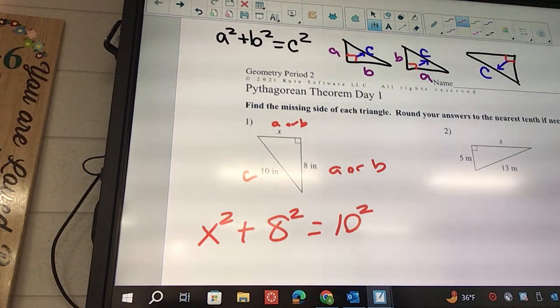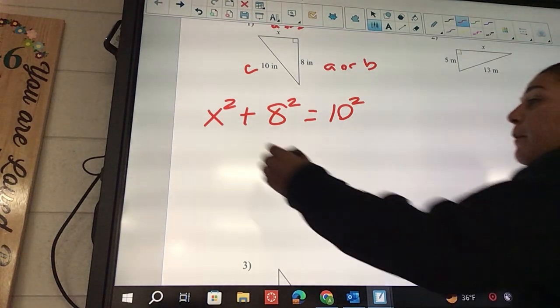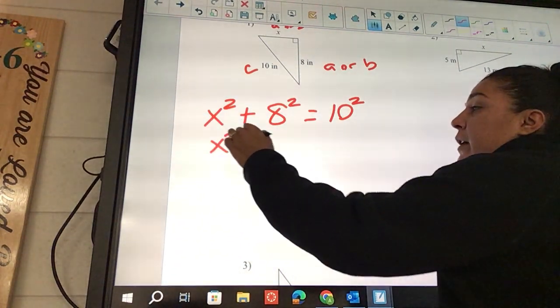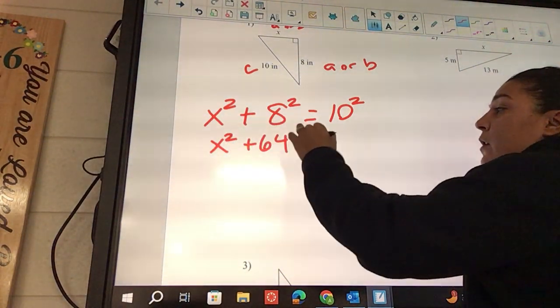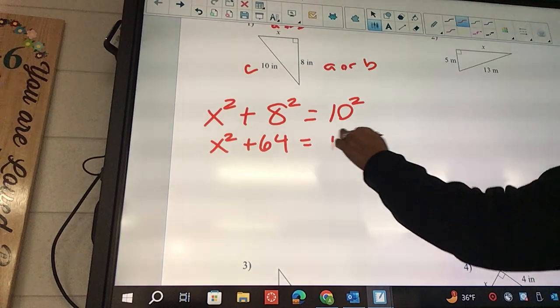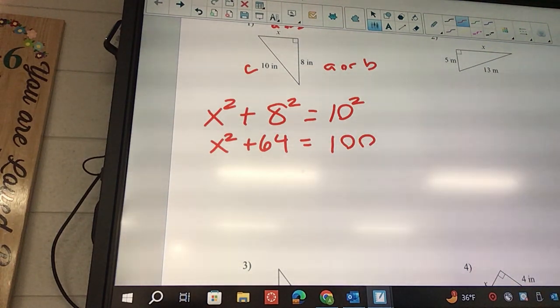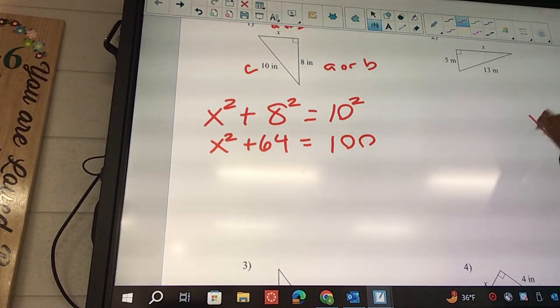Okay, and then we just start running through these. What is 8 squared? 64. So I'm going to get x squared plus 64 equals, what is 10 squared? 100. Now, if you don't know, on your calculator, you have a button that looks like this.